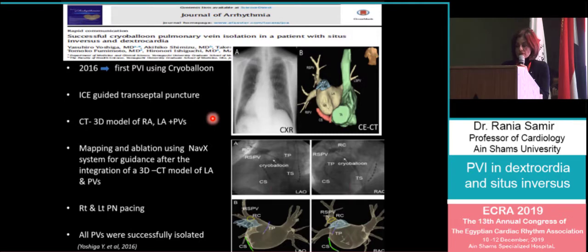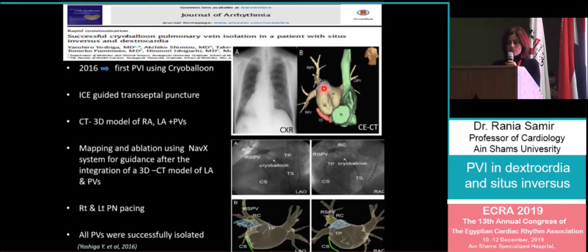And they used a 3D reconstructed image or model of the right atrium and left atrium to make the procedure easier. As we can see here, this is an aerial view. These are the CT 3D reconstructed images of the right atrium and the left atrium. In the aerial view, we can see that the right atrium is on the left side, and on its right-hand side is the left atrium.